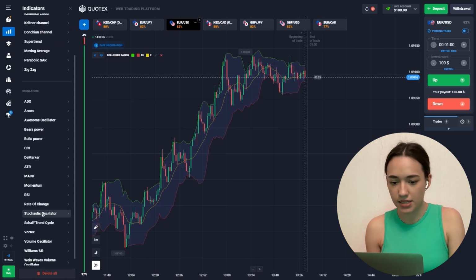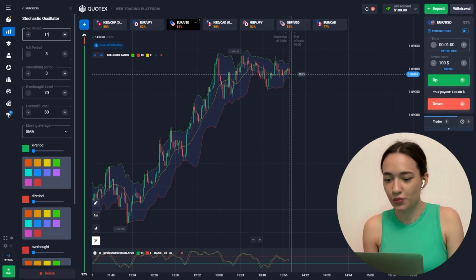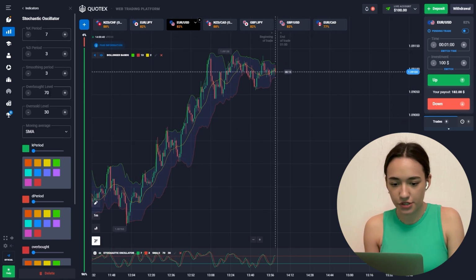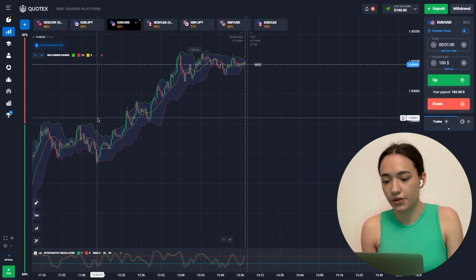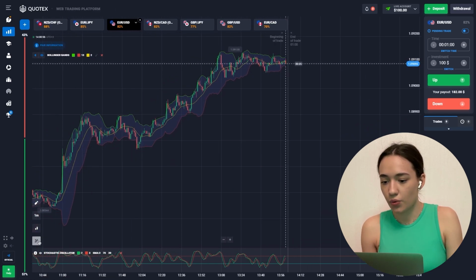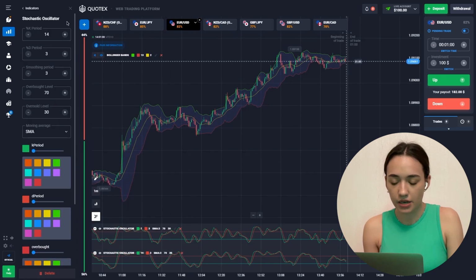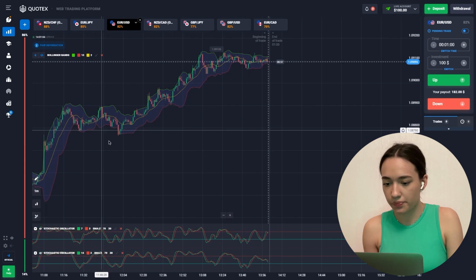A couple of stochastics suits me perfectly here. First stochastic will be with a period of 7. Overbought and oversold areas will be 70 and 30 respectively. The first stochastic we have already added, and let's set the second one. Now we didn't change anything here.